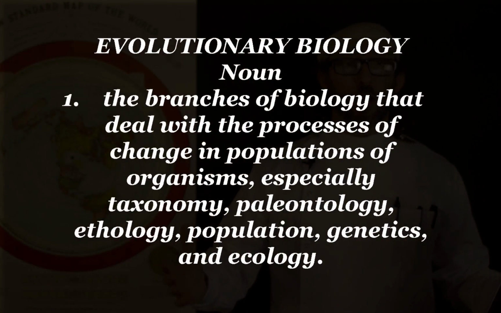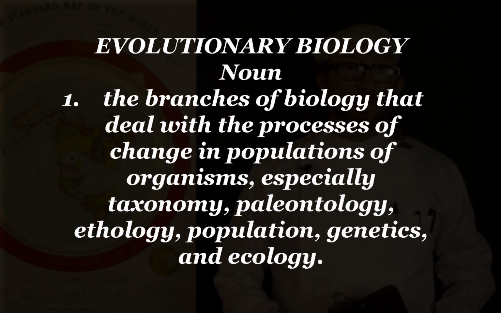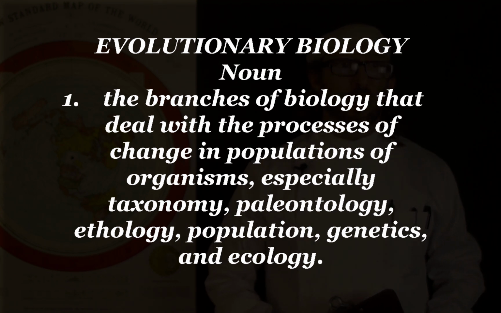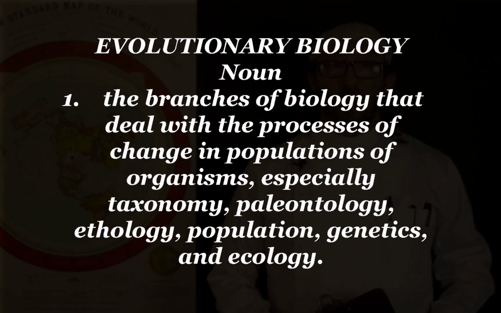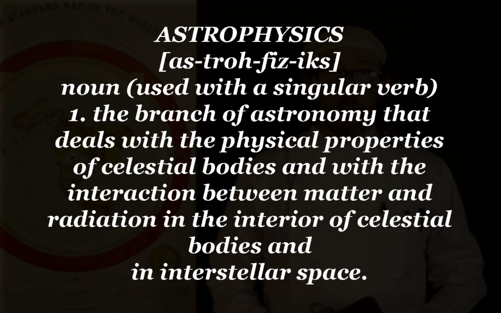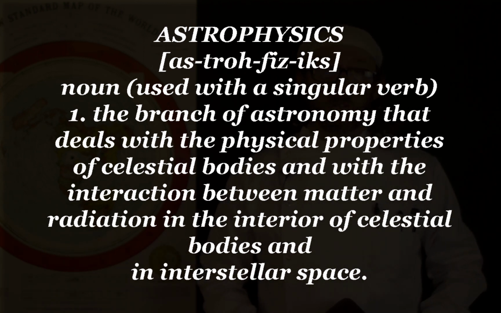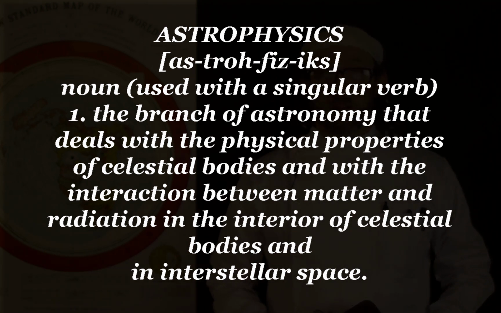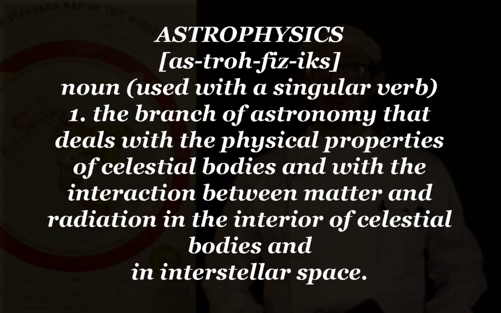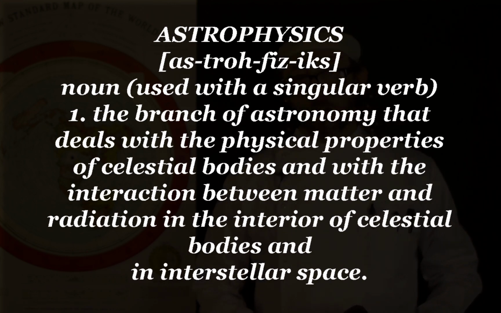Then there's evolutionary biology, the branch of biology that deals with the processes of change in population of organisms, especially taxonomy, paleontology, ethology, population genetics, and ecology. Next is astrophysics, the branch of astronomy that deals with the physical properties of celestial bodies and with the interaction between matter and radiation in the interior of celestial bodies and the interstellar space.